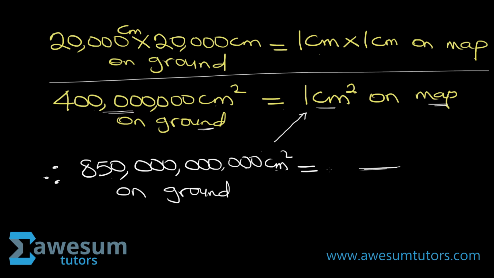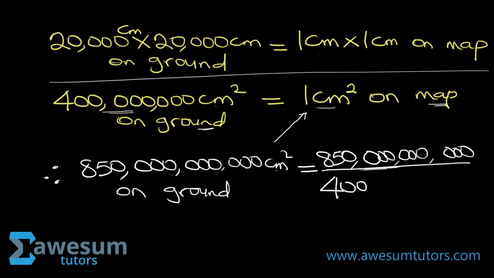So I'm going to have 850 billion times 1, which is 850 billion, divided by 400 million, and this side is going to be centimeter square.